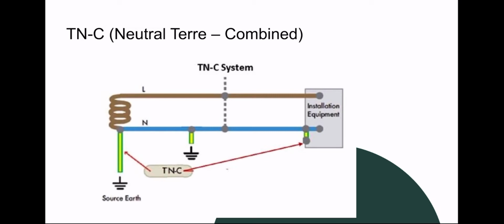With this system, a neutral conductor is used as a protective conductor, and the combination of neutral and earthing of the equipment frames is known as a PEN conductor, or protective earthing and neutral. This system is not permitted for conductors less than 10 mm square or for portable equipment.